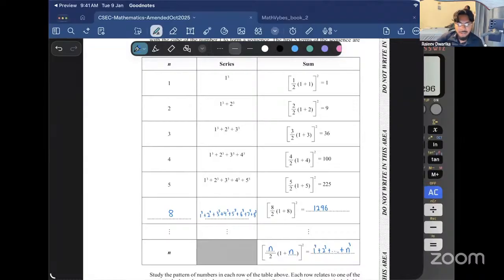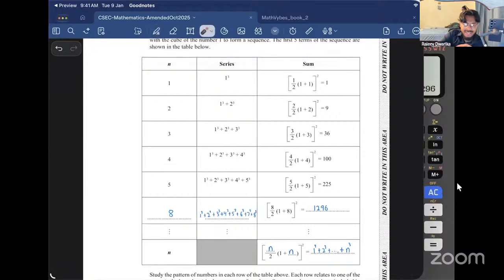Alright, so it's just a pattern here. When n is 1, it's 1 cube, and 1 here, 1 here. When n is 2, we add 1 cube plus 2 cube, and put a 2 here and a 2 here.